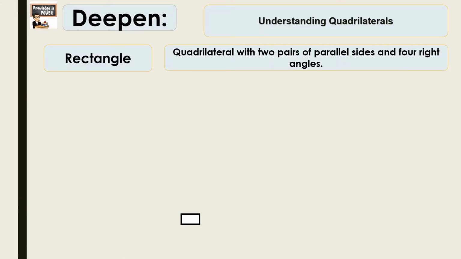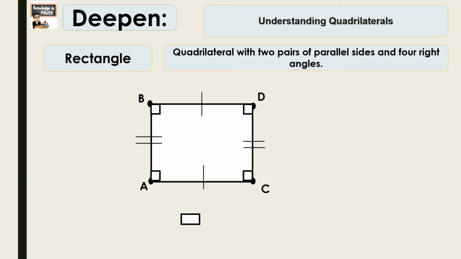Rectangle: a quadrilateral with two pairs of parallel sides and four right angles. So how do we identify that? They have parallel sides again, just like a parallelogram, but the difference is that their angles are 90 degrees, or square corners. As you can see, if you see a square corner, that is exactly 90 degrees.